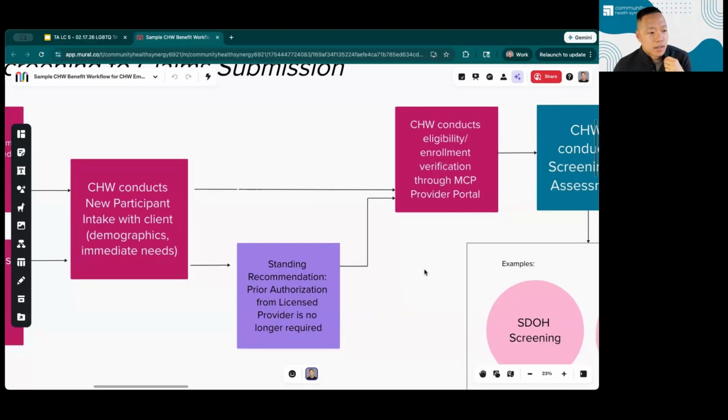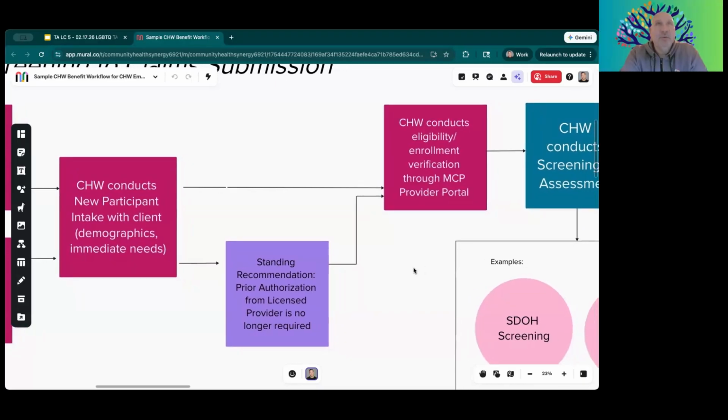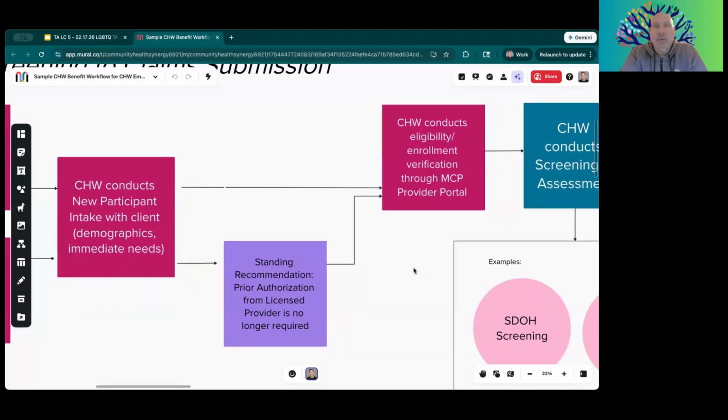Can I ask another question? We just became aware of the Benefits Cal website that allows both an organization or a new insurance member to sign up for Medi-Cal. So if I'm hearing this correctly, if that person has not yet signed up, we could also help them sign up, and that would also be a reimbursable CHW type of service.